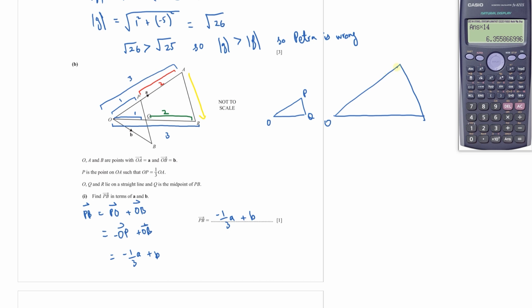So this is OAR here. We can show that these two triangles are similar using the SAS property. This angle here is common.